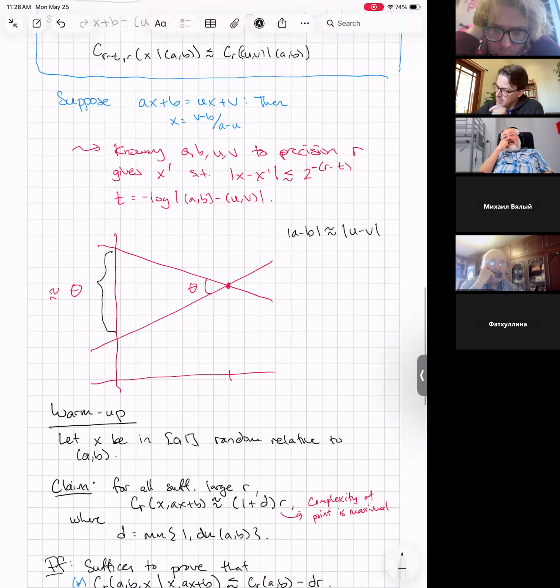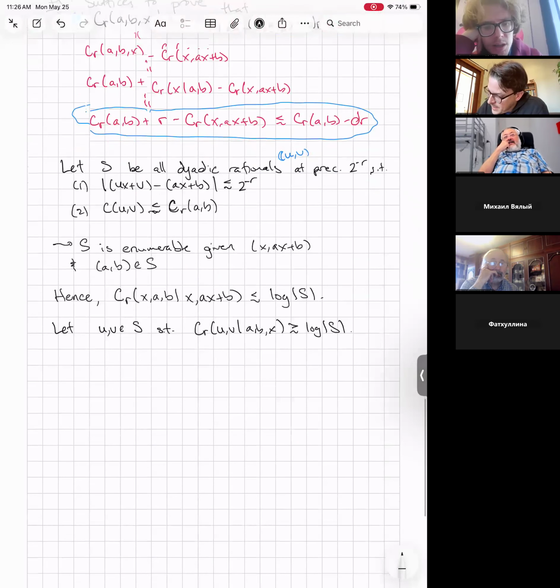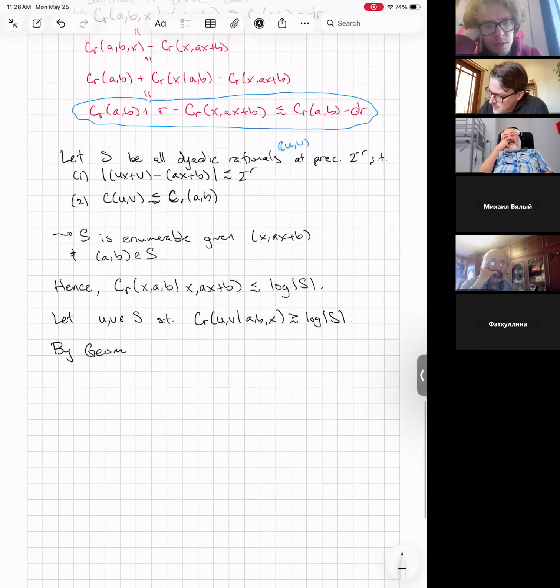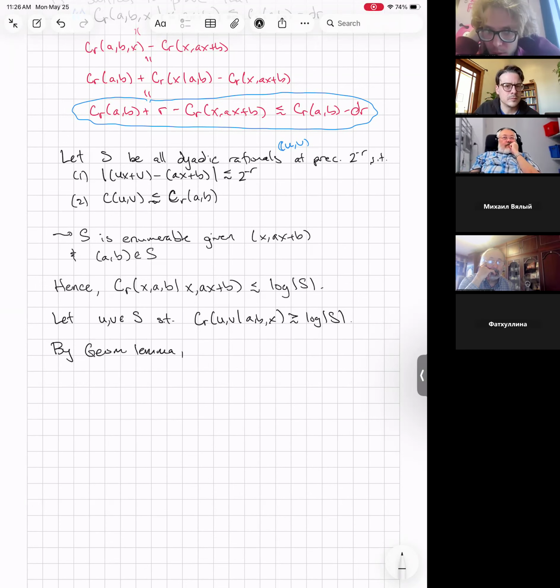Our task is to upper bound the logarithm of the size of S by the expression, the complexity of a, b minus d r.